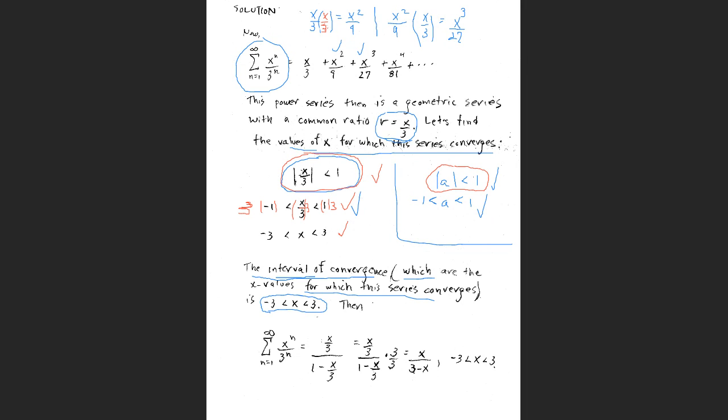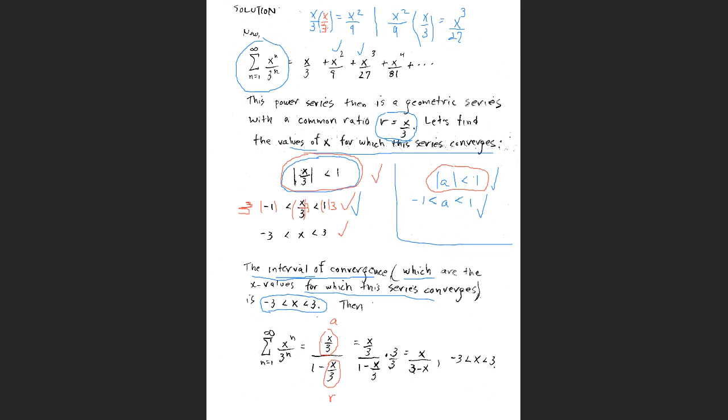So again, for a convergent geometric series, the formula is A divided by 1 minus R. We established that the common ratio was x over 3.